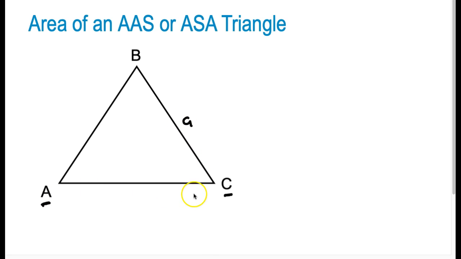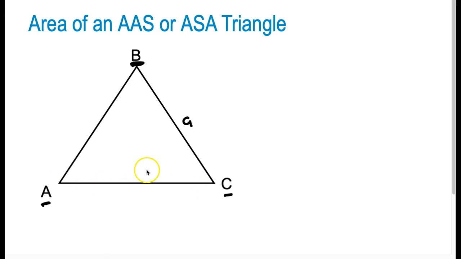If we're given two angles, all we need to do is take 180 minus the other two to get this angle, so we can easily solve for angle B. Then we want to think about doing what we did in the last derivation. We want to find the height and the base.